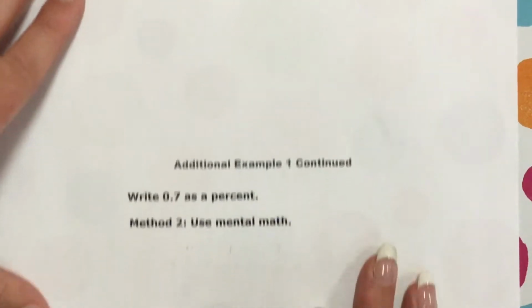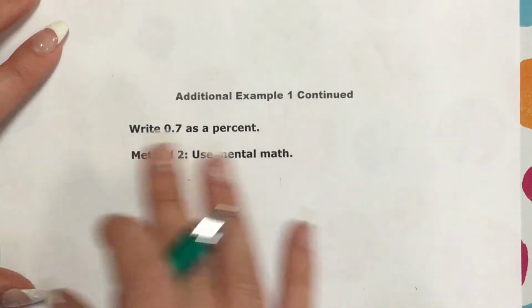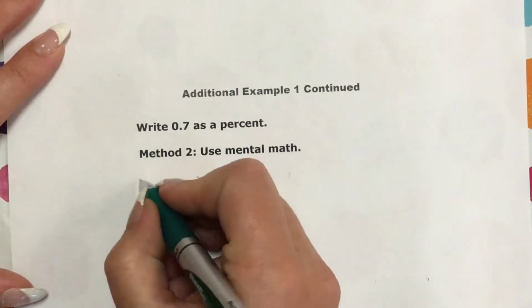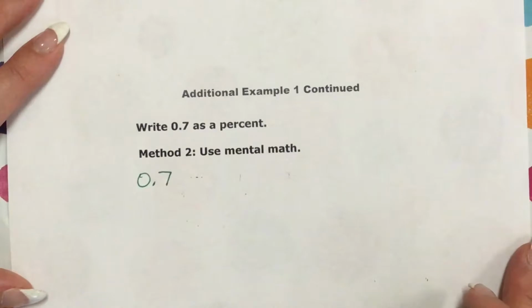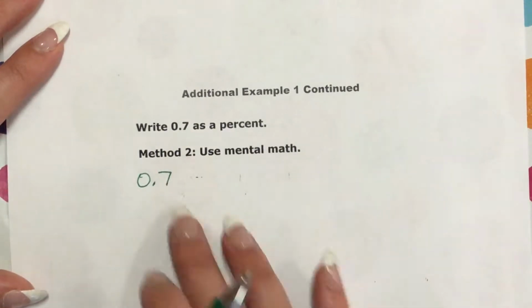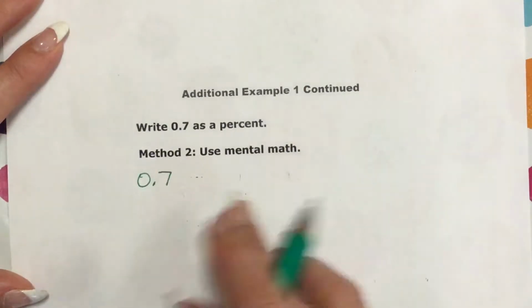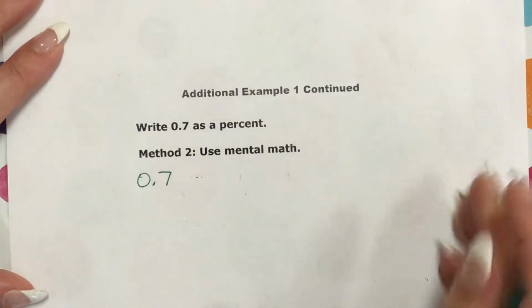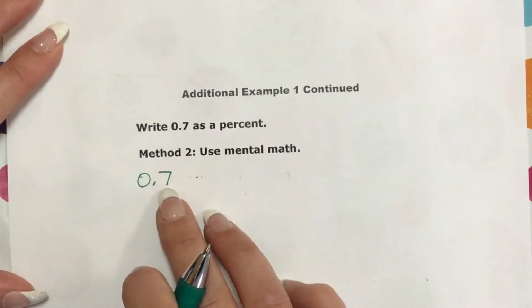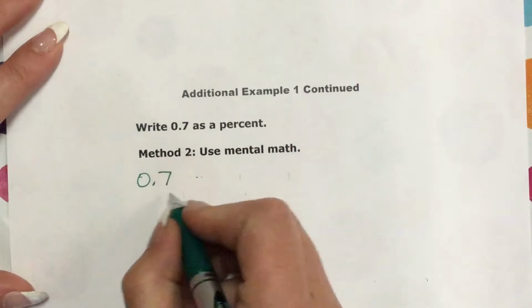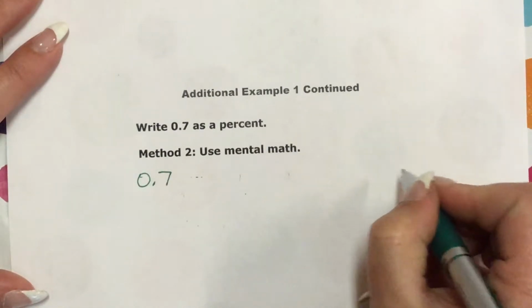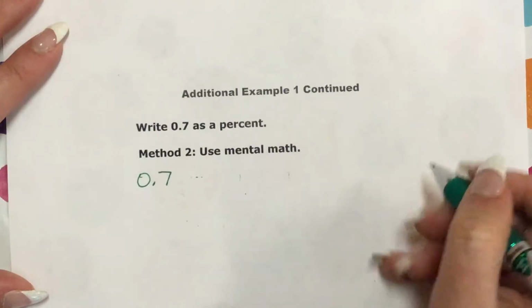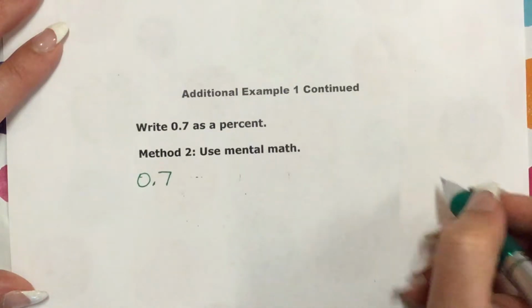Now let's go on to the second way to do the same thing. So we have this decimal right here, 0.7. Since we have a decimal and we know that this is the tenths place, we want it out of the hundredths place, because everything for a percentage is out of 100.